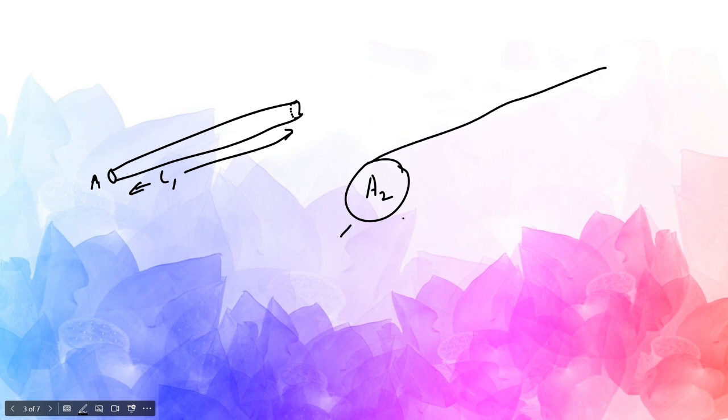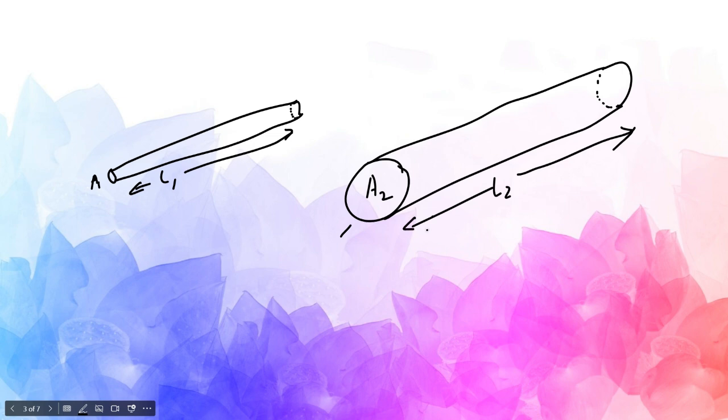This is area A1, and let's say this length is L1. Again, there is another conductor with a larger cross section. This area is called A2, and this is the conductor. This is again dotted. Comment why it is dotted. And this length, let's say L2.